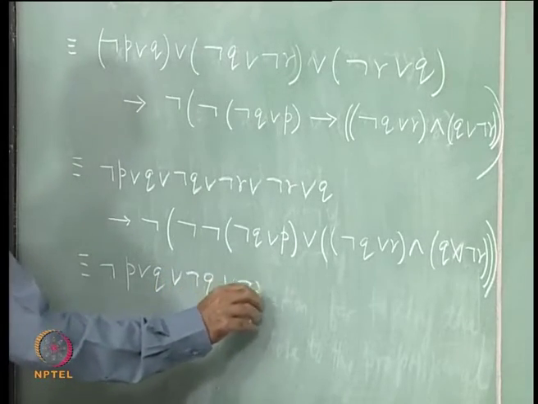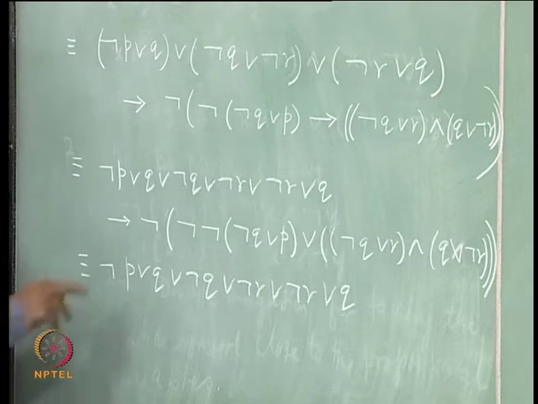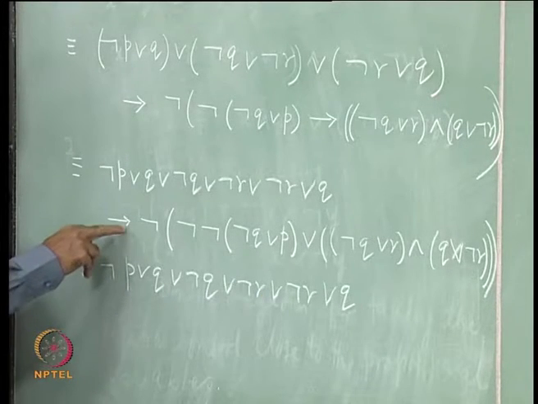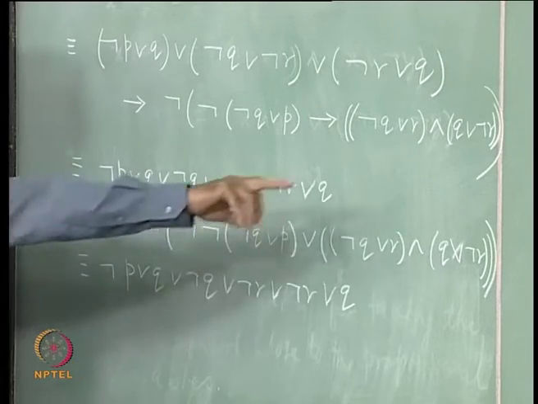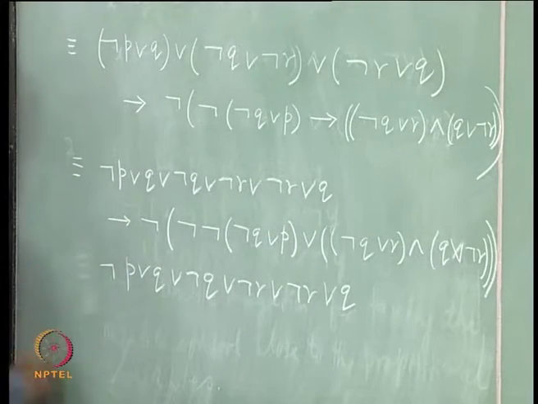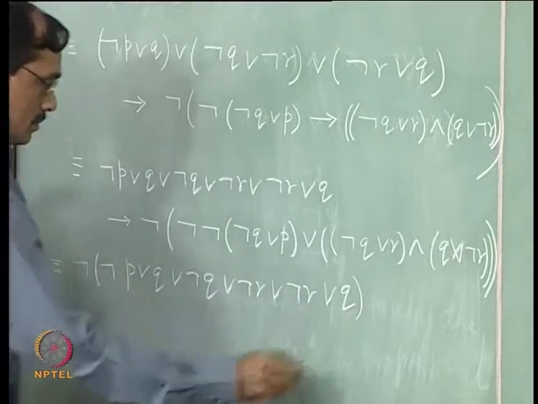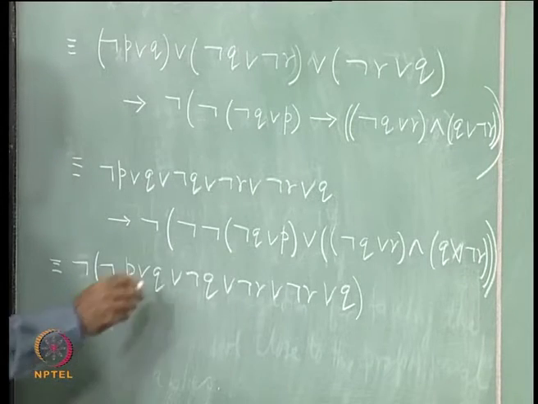Let us take that as it is. So this will be negated because this implication is there, and then OR with the whole thing. So that gives OR the whole thing.